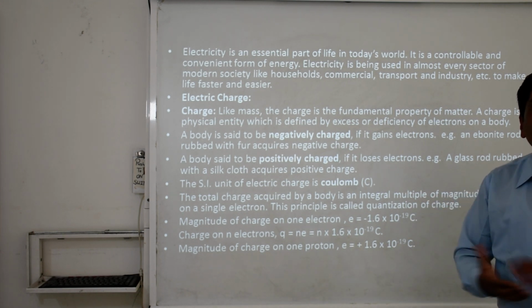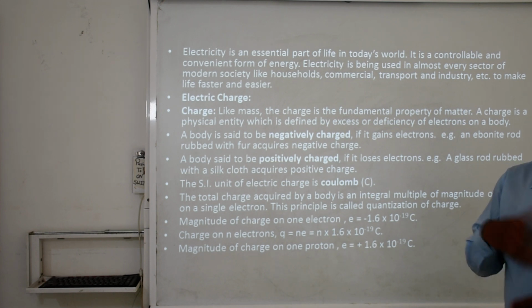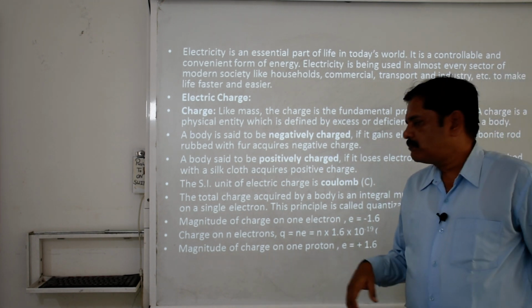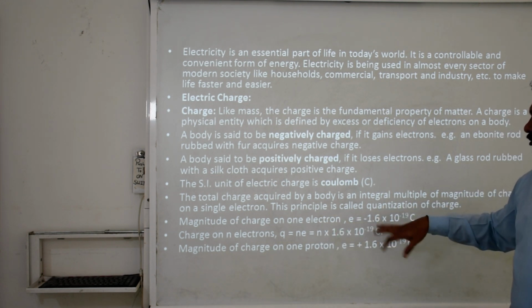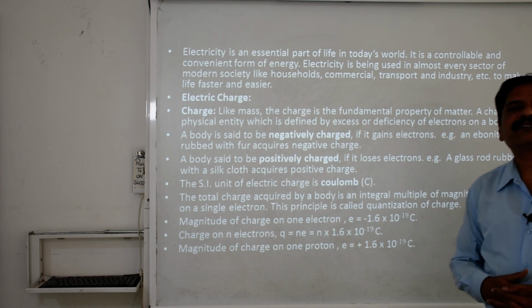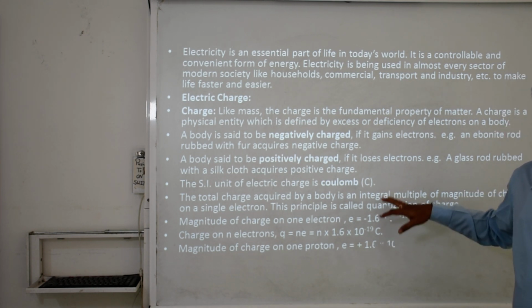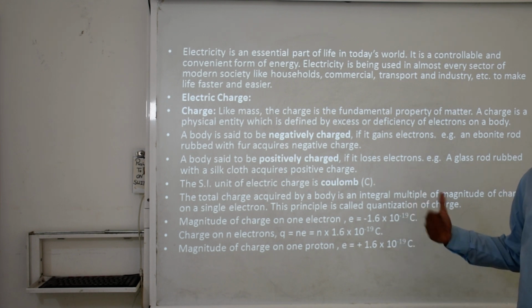If you want to know the magnitude of the charge on that particle, you have to multiply by the number of electrons. And the magnitude of charge on one electron is minus 1.6 into 10 to the power minus 19 coulomb. Remember these values. They are also helpful for your numerical portion.